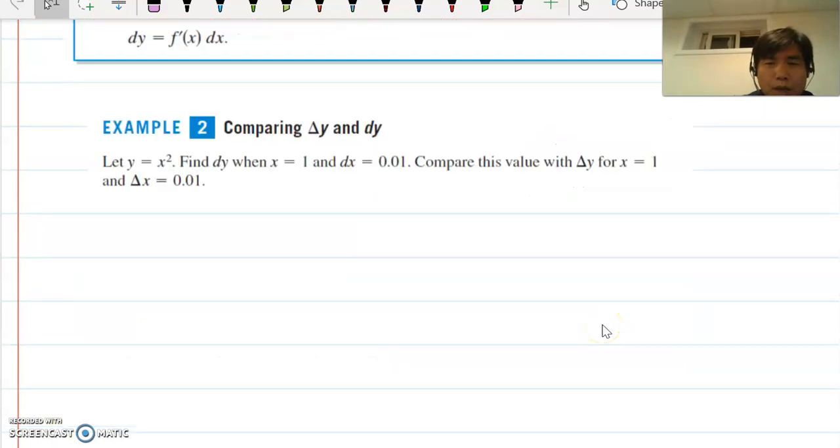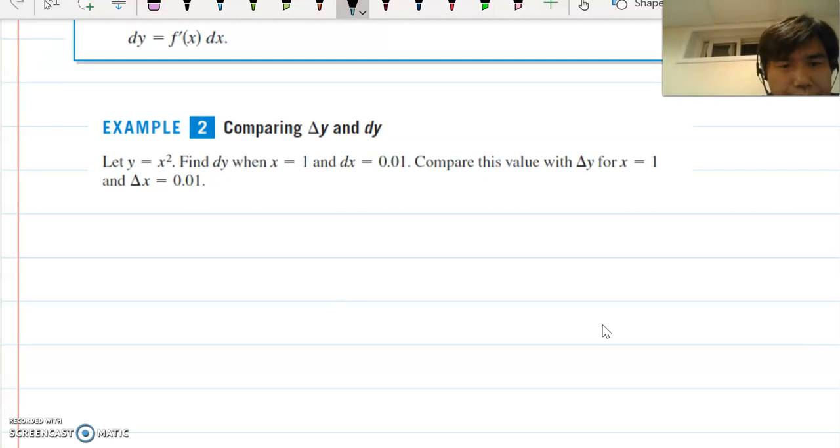Comparing delta y and dy. Let y equal x squared. Find dy when x equals 1 and dx equals 0.01. Compare this value with delta y for x equals 1 and delta x equals 0.01. Okay, we will do the dy part first, and then later on we can find delta y as well.